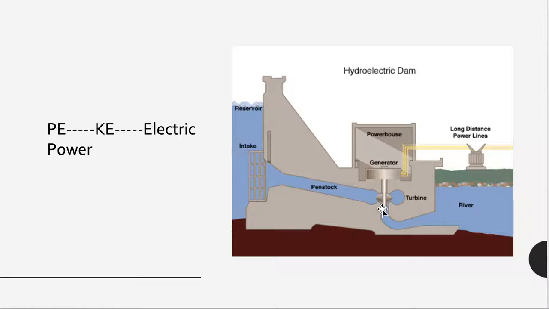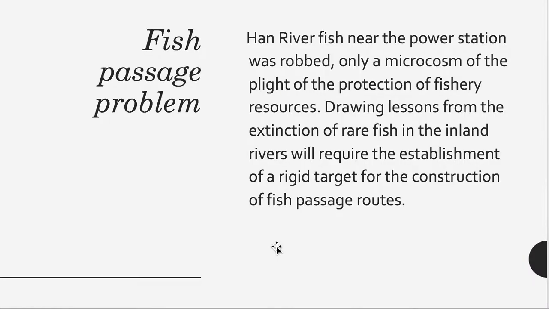However, human activities such as the construction of water conservancy works and hydropower projects have crudely cut off the migration routes of fish. For example, the Han River fish near the power station will be robbed, because the fish come down with the higher level river water, and this may cause the extinction of rare fish. So we should construct something like a channel to solve the fish passage problem.